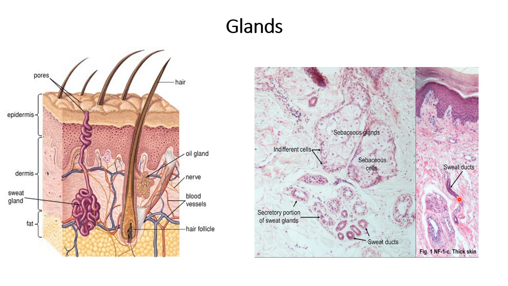So the appendages constitute the hair, the nail, the glands, and the erector pili muscle, which is smooth muscle arising from the root of the hair. And this actually gives you goosebumps. So this was all about the appendages.